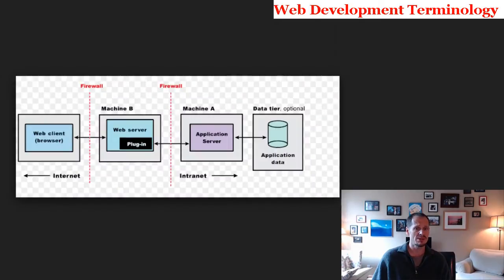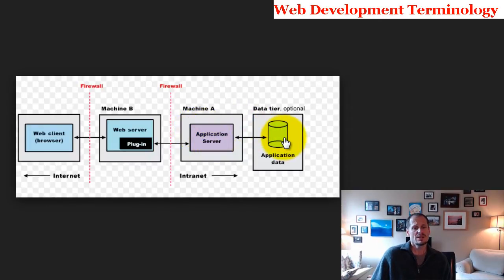Here's one more image of the same thing, which also includes the database. We have the client, the web server, the application server, and the database. Just ignore these other words here, like firewall, and look at the squares in the middle. So that's basically what's happening: client, web server, application server, database.